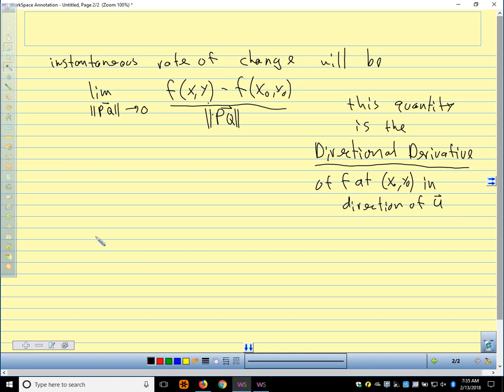And we write, just in terms of notation, D sub u of f of x0, y0. So this is the directional derivative, capital D, directional derivative of our function at a particular point in the direction of this unit vector. All right, so our question now is, we don't want to have to deal with this limit. How do we calculate?